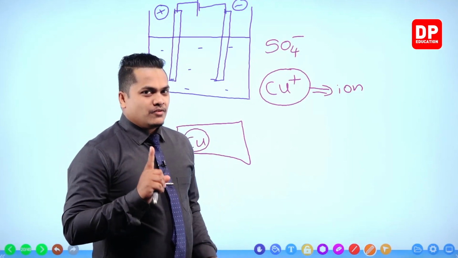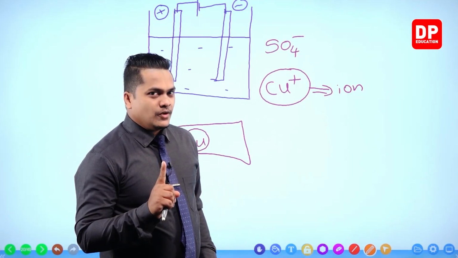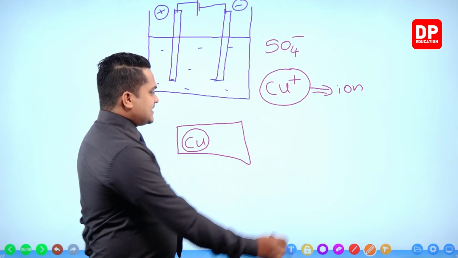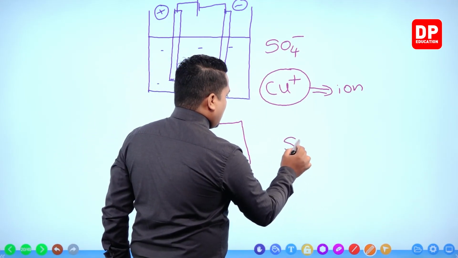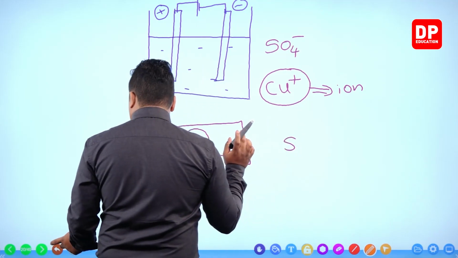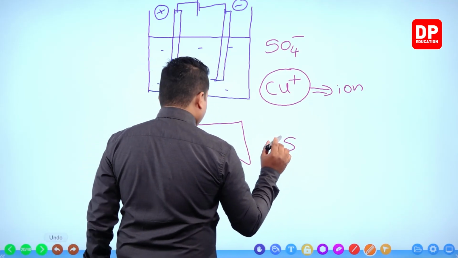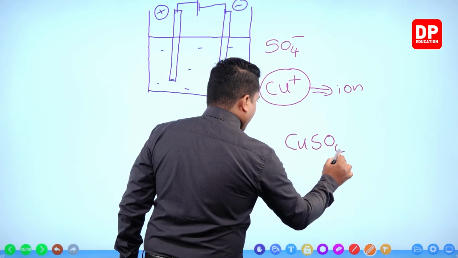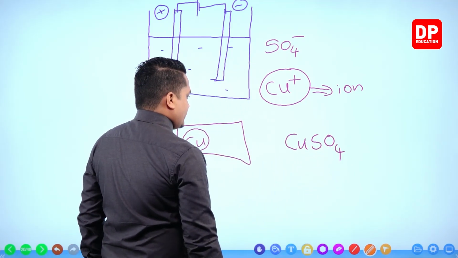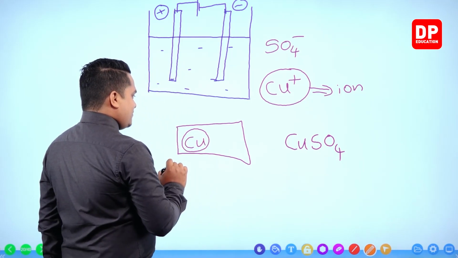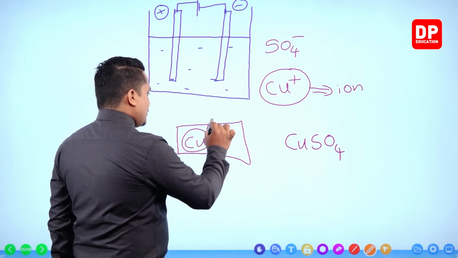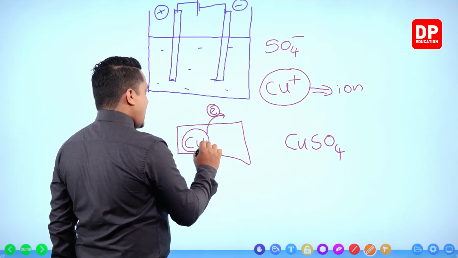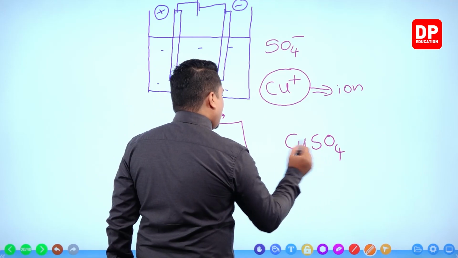Right, so once again let me explain. My dear children, copper sulfate is created like this. This is copper sulfate. The copper atom is going to donate the electron it has to the sulfate group.